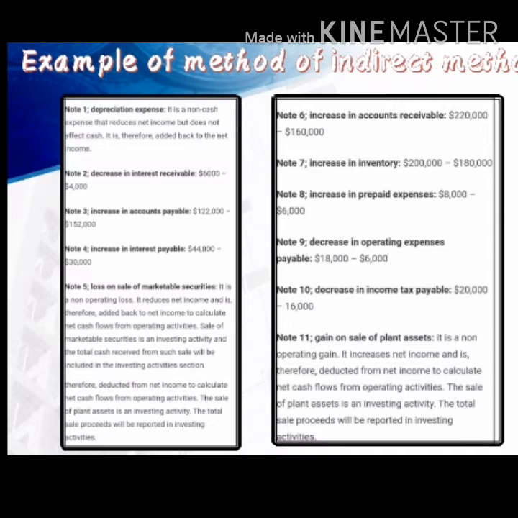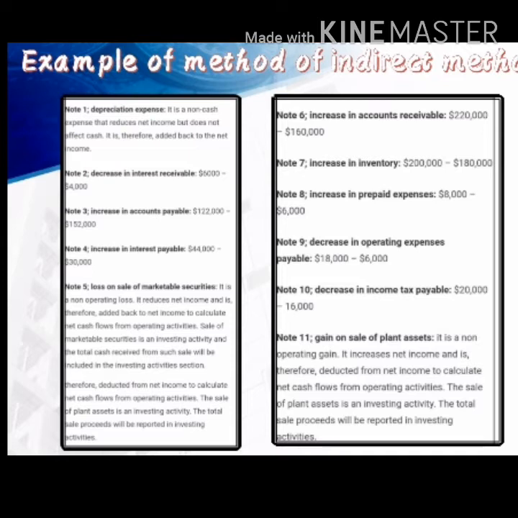So number 2, here we have the decrease in interest receivable. It is under the current assets of the balance sheet of XYZ company. Here we should calculate the beginning balance of interest receivable minus the ending balance of interest receivable.